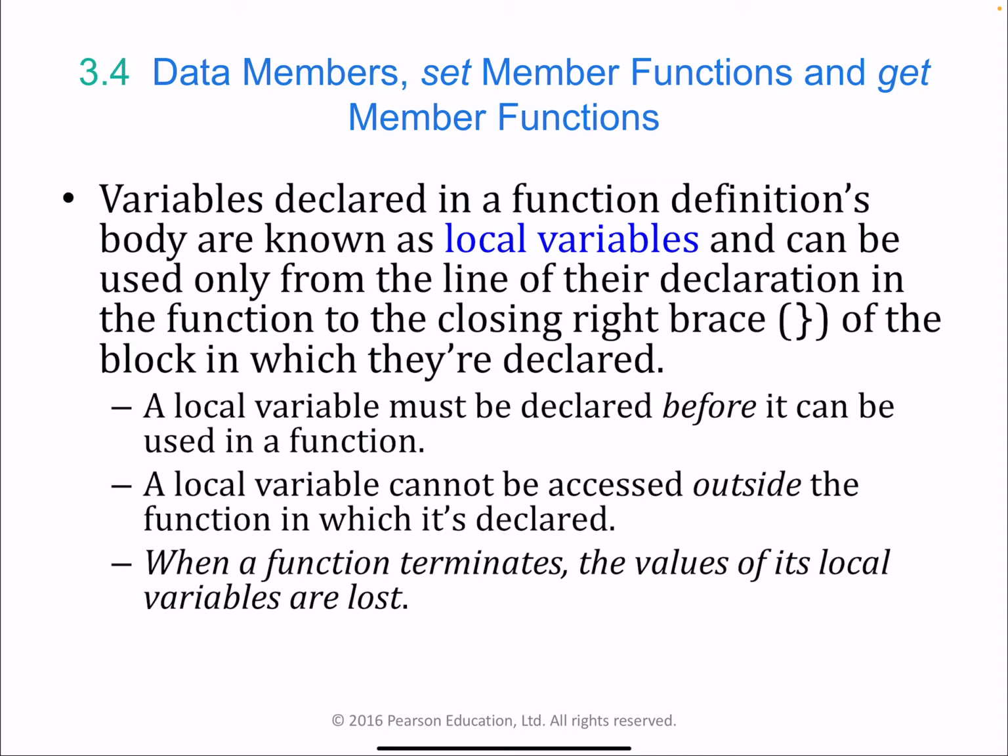Now, in addition to data members inside a class, classes also have local variables. Those are the variables that are declared inside functions. Those variables, just like the local variables in functions we've used before in C, are only visible and accessible inside the functions that they're declared in.